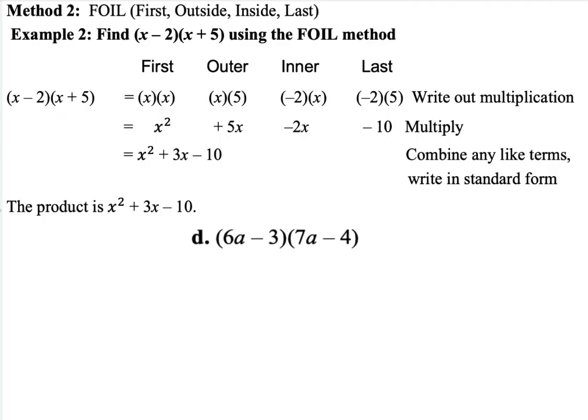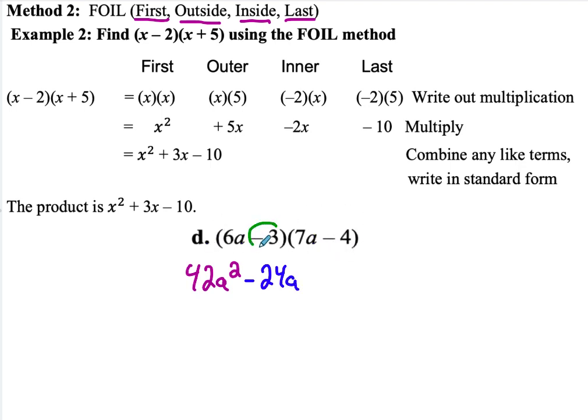All right, second method. This one is called the FOIL, and FOIL stands for first, outside, inside, and last. It's basically the same steps as double distributive. It's just a different way of remembering what order to do them in. So we take the first terms, 6a times 7a, that's 42a squared. Then we take the outside terms, 6a times -4, that's -24a.